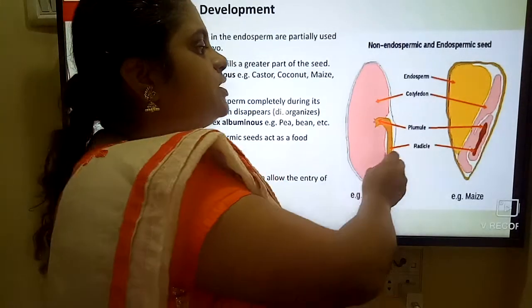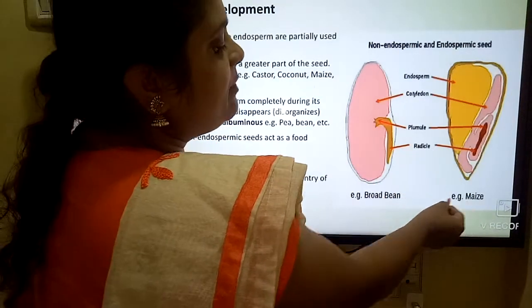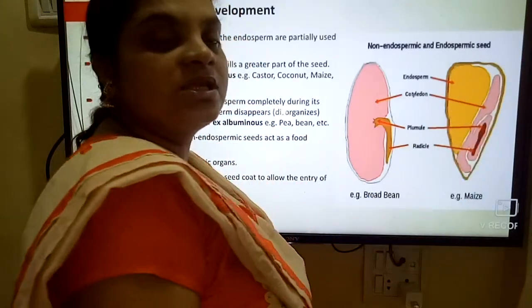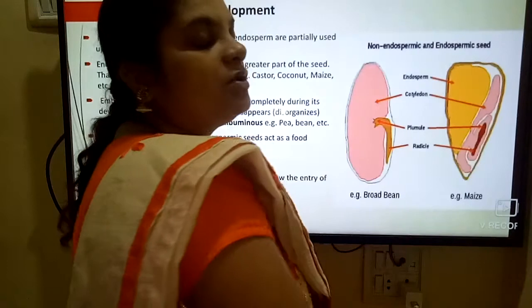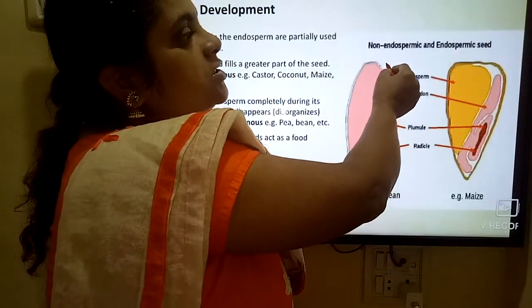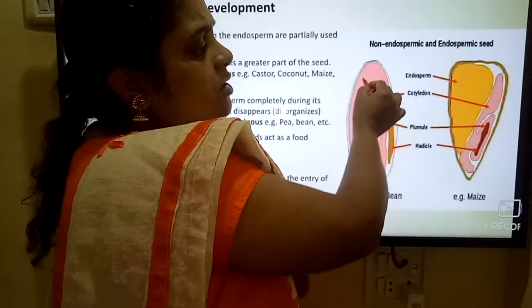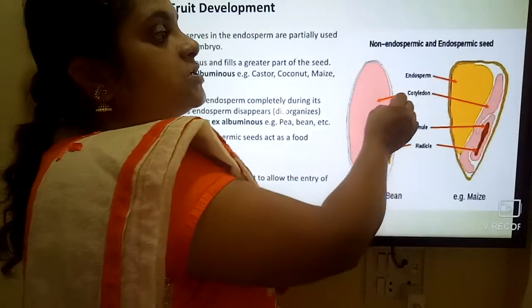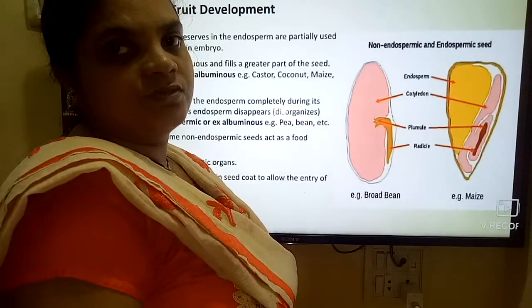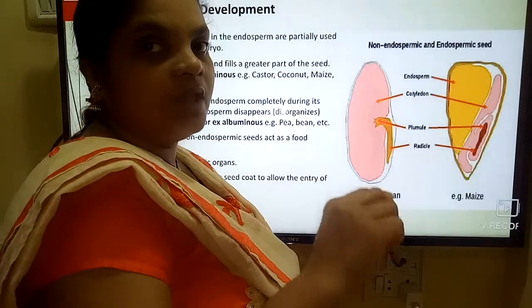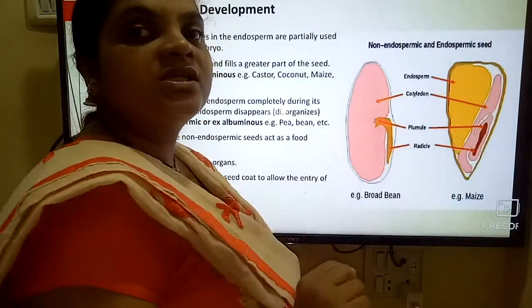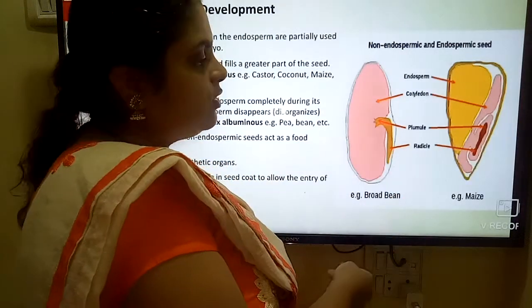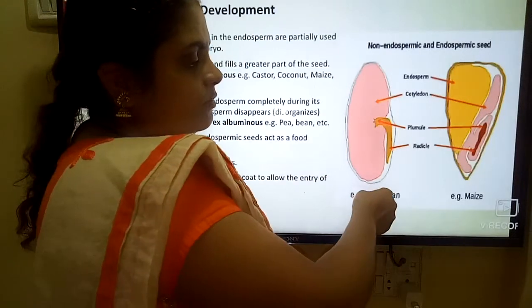Here I want to show it in the diagram. This is the maize and this is the bean seed. In the maize, the yellow part is the endosperm and the white part is the embryo. Here in the bean seed, this part is called the cotyledon. When the endosperm is absent, the cotyledon acts as food storage, which gets utilized for the development of the new plant in the seed.